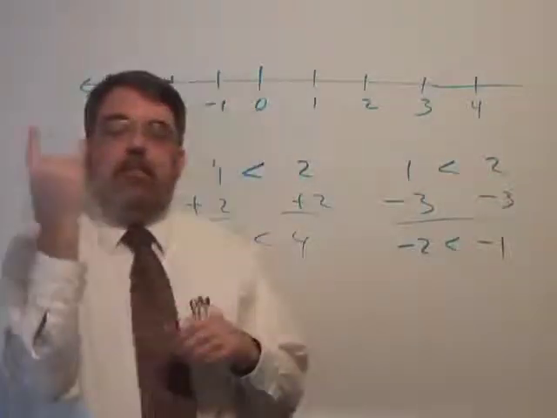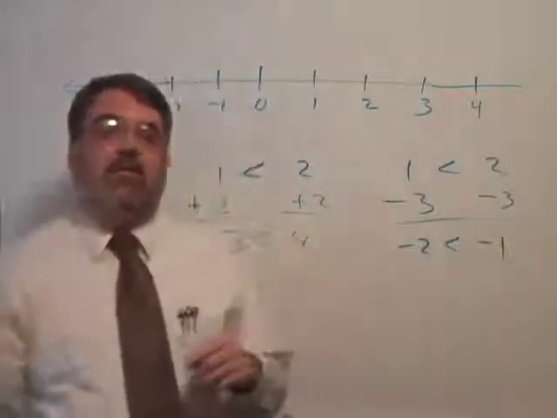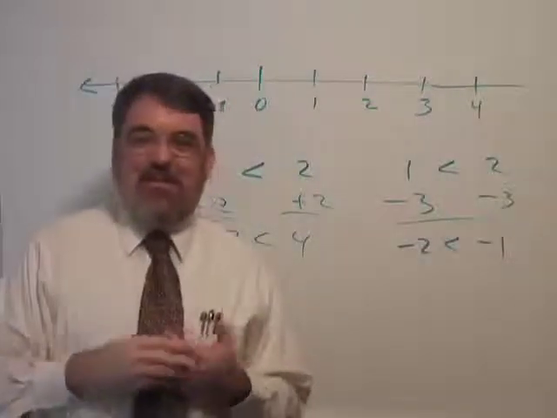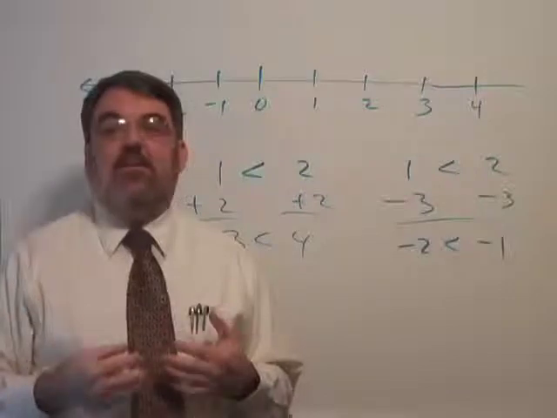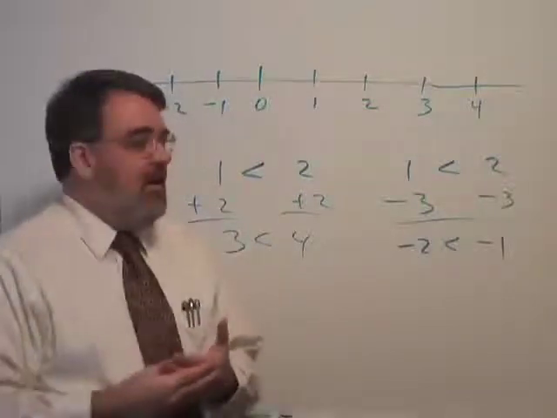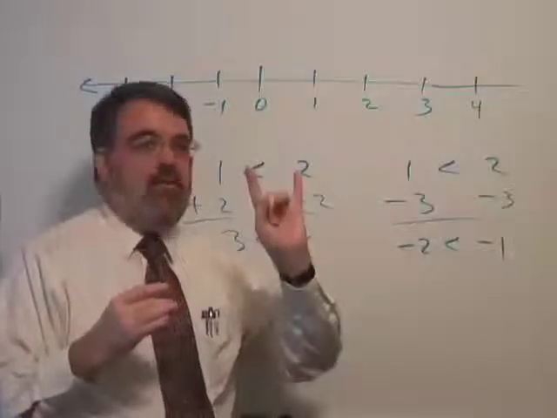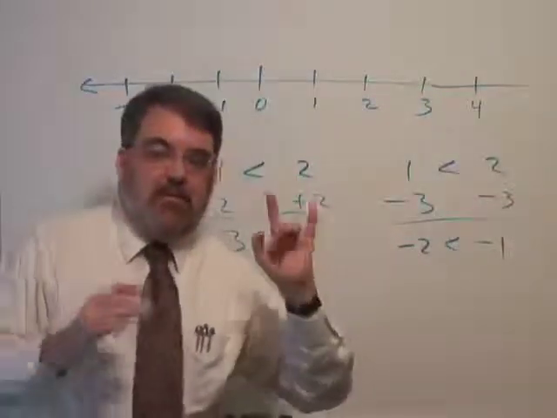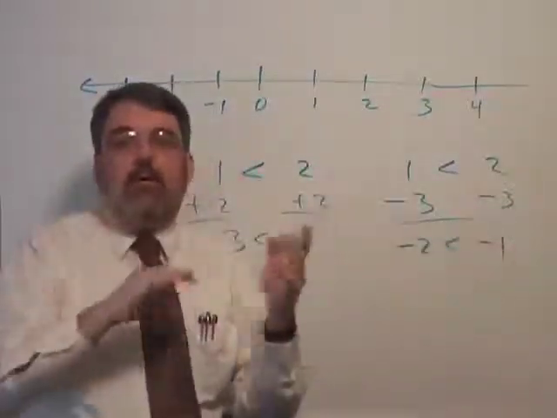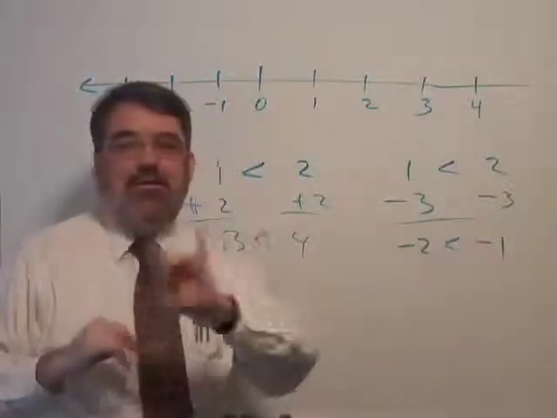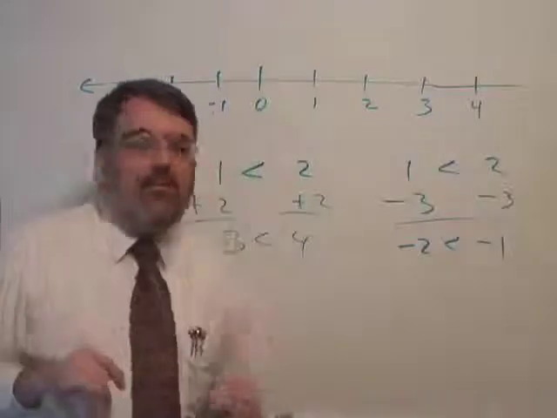All right, so this shift is called a translation in geometry. So the geometric interpretation of addition and subtraction is translation. And when you translate, you don't flip the numbers around, you don't squeeze them together or pull them apart. You just slide without any kind of distortion or reflection.